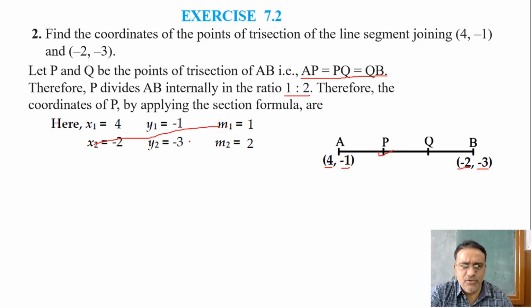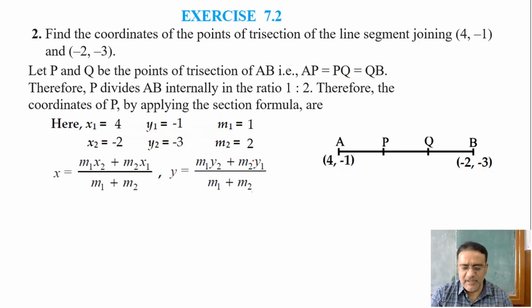Now we'll write the formula as we did in the previous question: (m1 x2 plus m2 x1)/(m1 plus m2), (m1 y2 plus m2 y1)/(m1 plus m2). Now we'll write the values: 1 into -2 plus 4 into 2, that is the value for x. And for y, 1 into -3 plus 2 into -2 upon 1 plus 2.